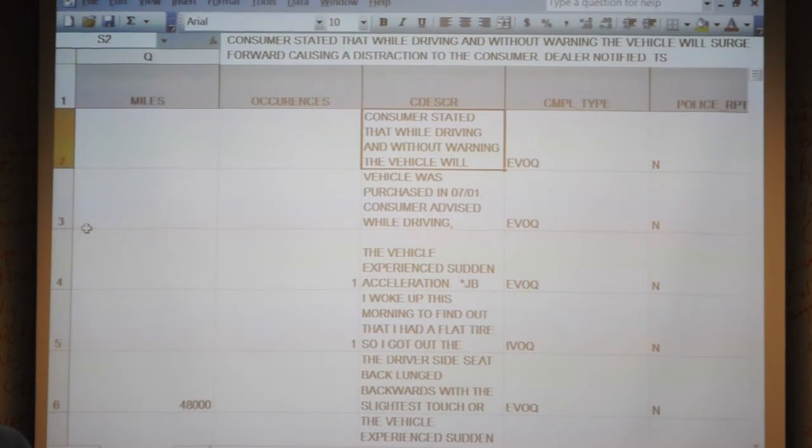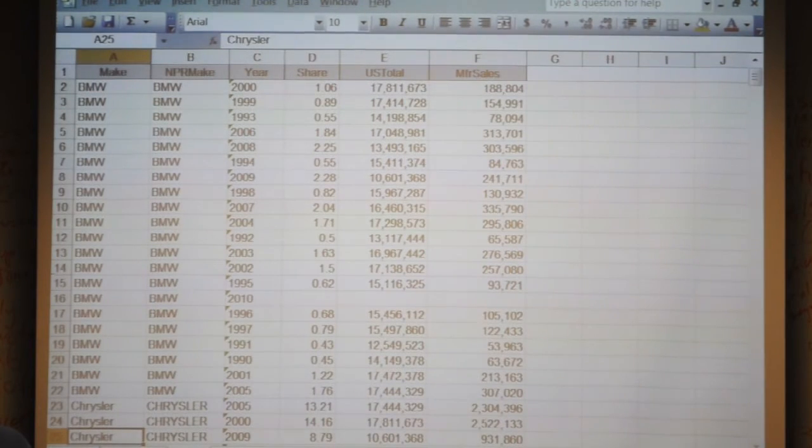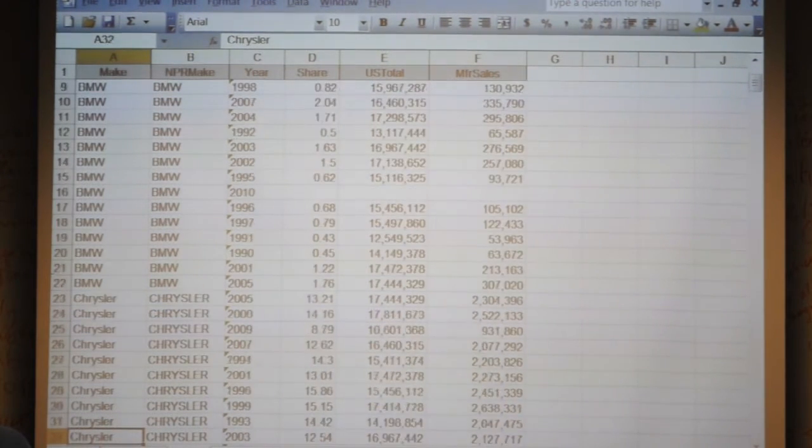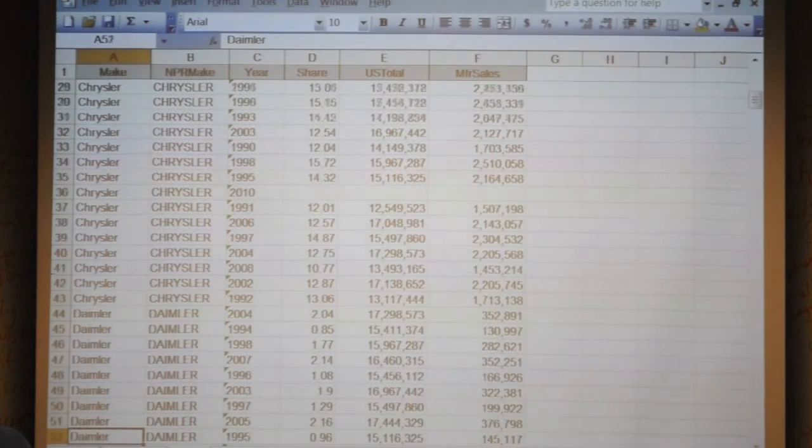And then we also have a spreadsheet of sales figures by model year and by manufacturer. So what we did was a data mashup where we took the complaints and we divided it by the sales figures for that year. What we found out was that complaints about unintended acceleration affected other automakers as well, and they did so sometimes in a way that was disproportionate to their market share.